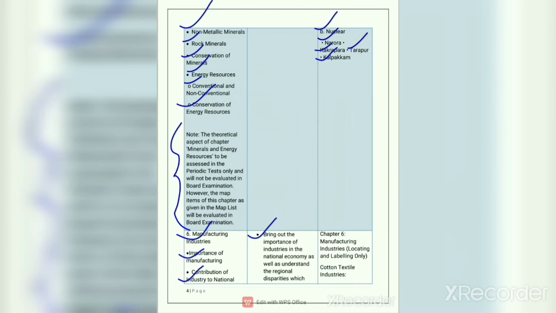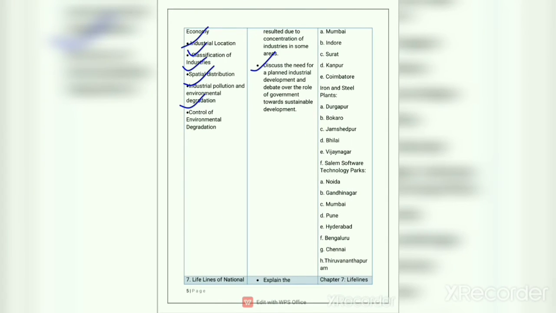You will also be able to locate cotton textile industries in Mumbai, then Indore, Surat, Kanpur, Coimbatore. You will also be able to locate iron and steel plants in Durgapur, Bokaro, Jamshedpur, Bhilai, Vijayanagar and Salem.